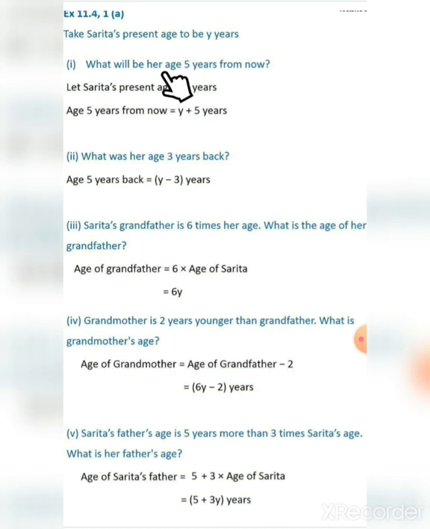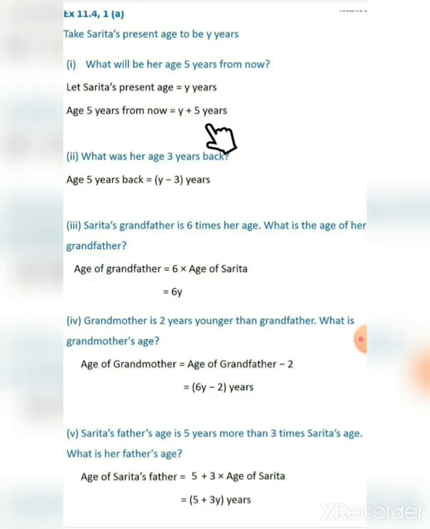That means after 5 years, in the years which are going to come, that we are supposed to find here. So let Sarita's present age equal Y years, and her age 5 years from now will be Y plus 5 years.